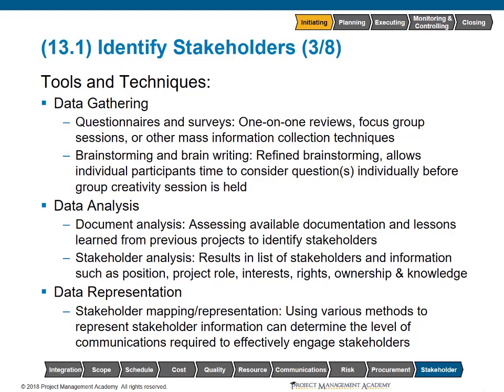So it could be based upon their interest, their rights, ownership, knowledge, and contribution to the project overall. Data representation is how we can visually depict the stakeholders and various levels of attributes for them. We can use various methods to represent this information, such as a matrix, a stakeholder cube, a salience model, or any other representation that your organization may have.